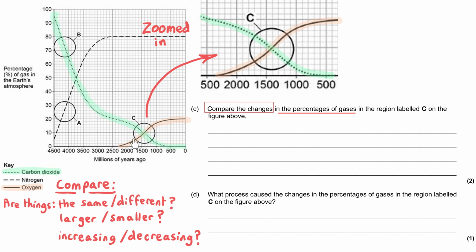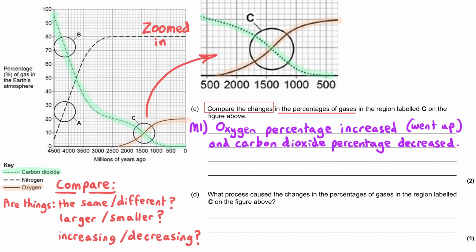And what we can see is that the oxygen line is going up as we get closer to present day, and the carbon dioxide line is going down the closer we get to present day. And both of those two clauses are essential for the first mark. The carbon dioxide is decreasing and the oxygen percentage is increasing.